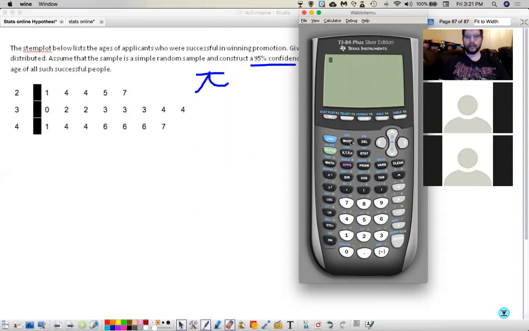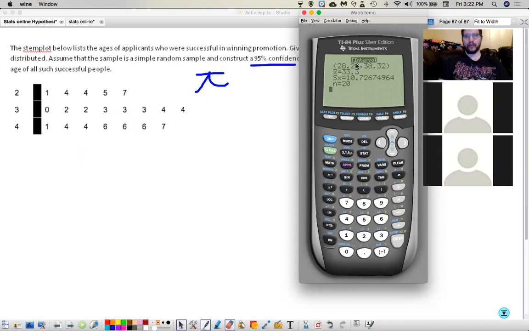So let me get out of there. Second mode to quit. Stat test T interval number 8. We do have data. We want the 95% confidence level. I'm going to calculate.